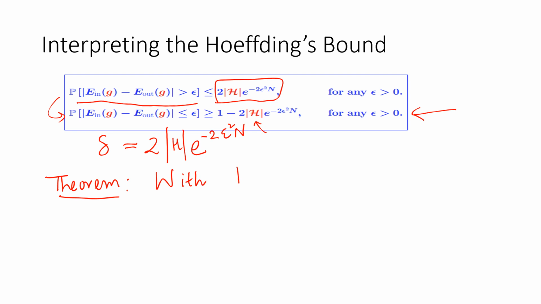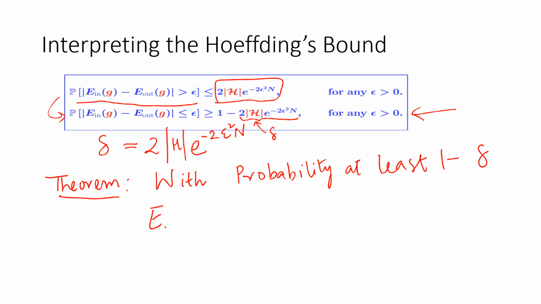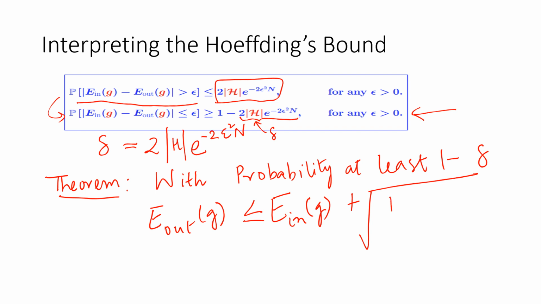So with probability at least 1 minus delta, because this term here is delta, we can say that E out of g, which is the out of sample error on our final hypothesis g, is less than or equal to E in of g plus the square root of 1 over 2n log 2 times the cardinality of H over delta.